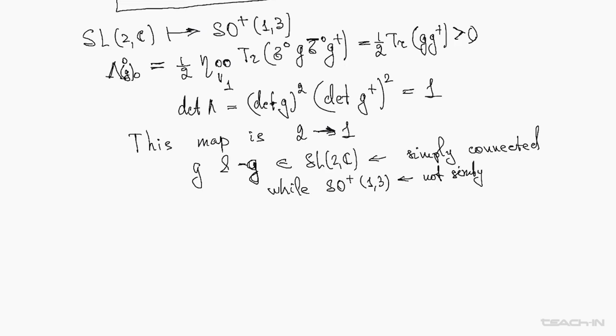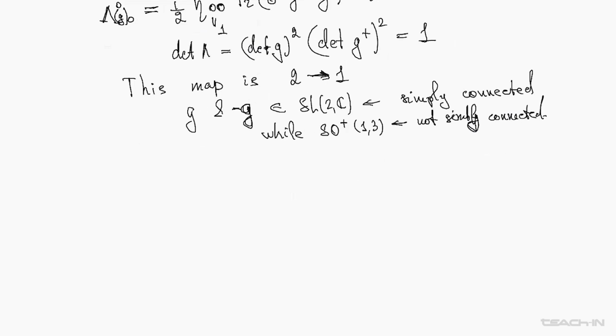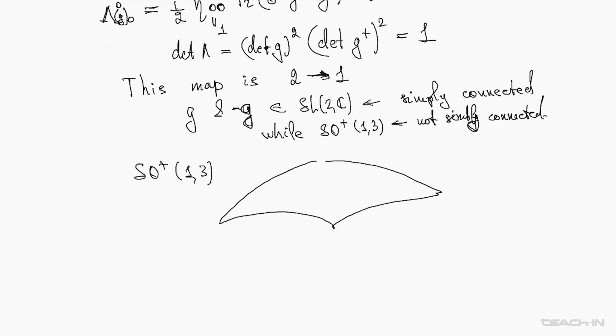And what does it mean, simply connected? If you consider SO plus 1,3, say, as a topological manifold, and you consider a closed loop in SO plus 1,3, the fact that it's not simply connected means that this loop cannot be contracted to a point while always remaining inside SO plus 1,3.